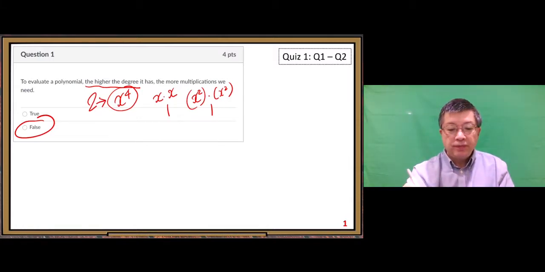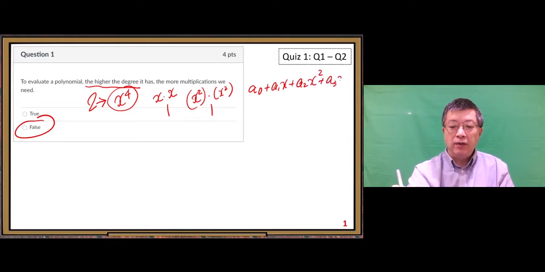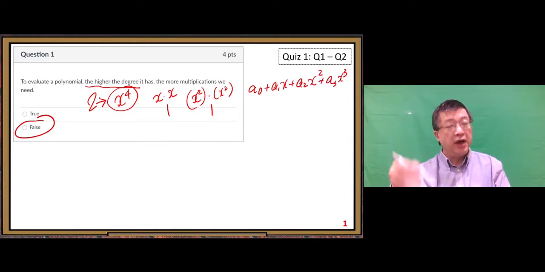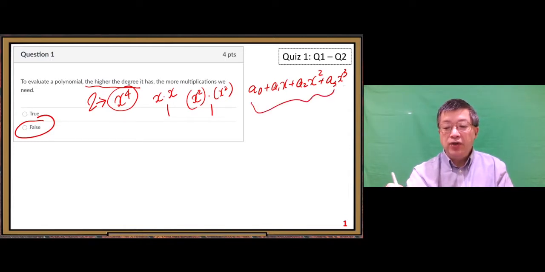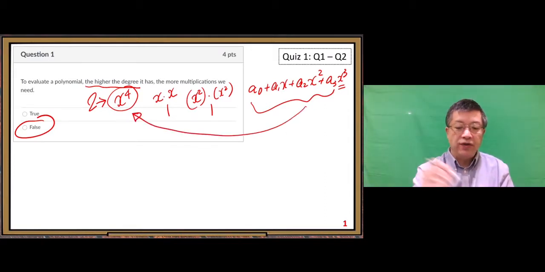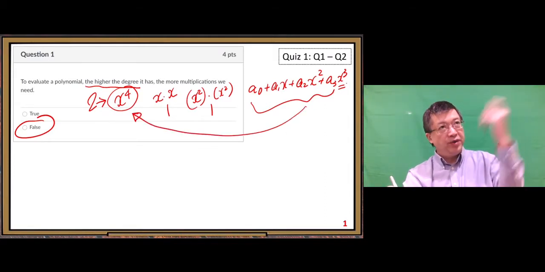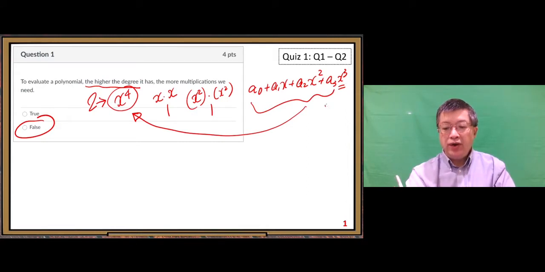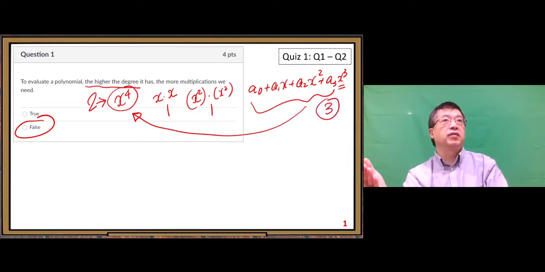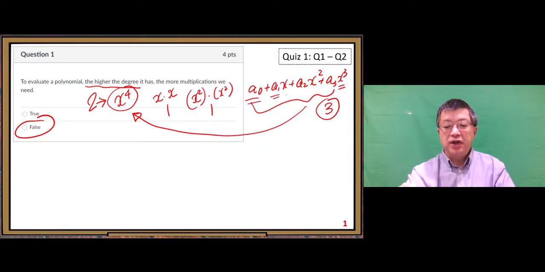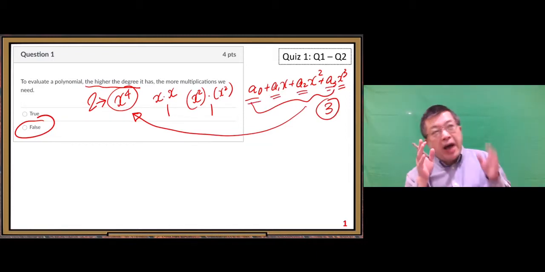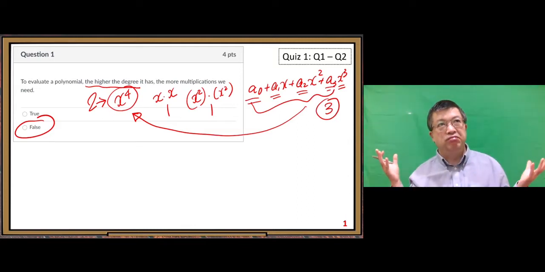But look at another example: a0 plus a1x plus a2x squared plus a3x cubed, the general case. You can see the highest term has a degree lower than x to the 4th. But when we use Horner's rule, we need 3 multiplications, because for the general case we cannot use any special structure.